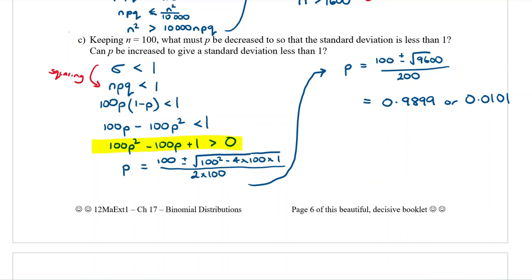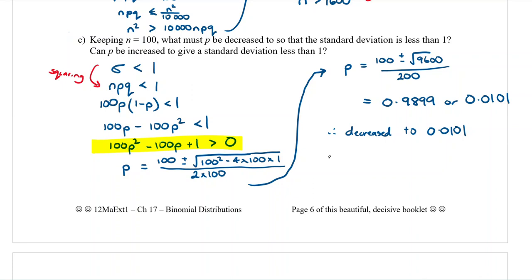So back in terms of can P be increased or decreased? Yes, it can be both. So it can be decreased to 0.0101 and still be within my standard deviation of 1.